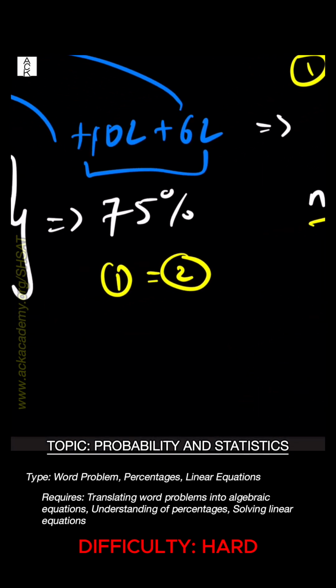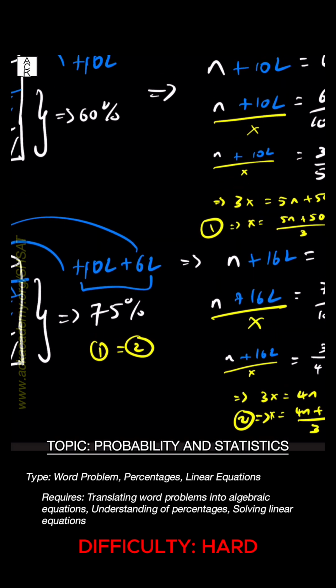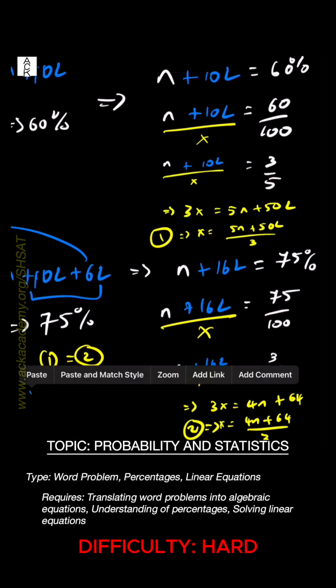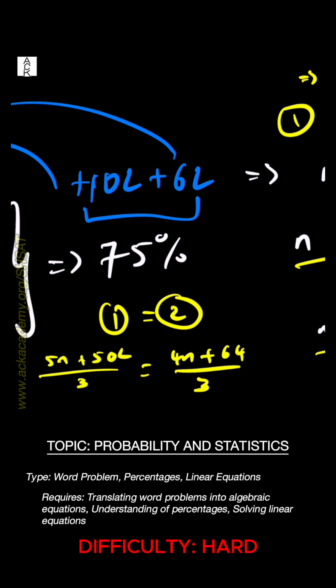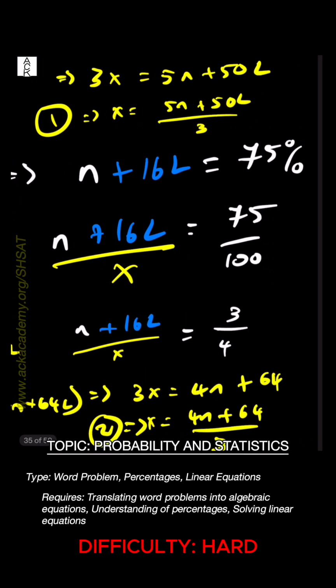And when we do that, now we can solve for n. So we have 5n plus 50L is equal to 4n plus 64 liters.